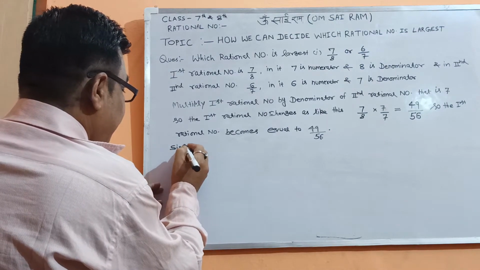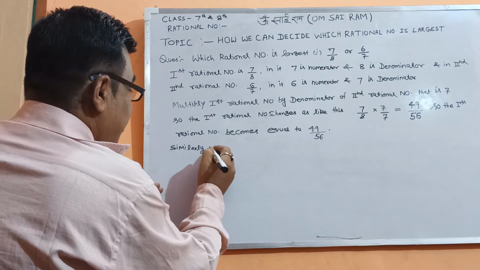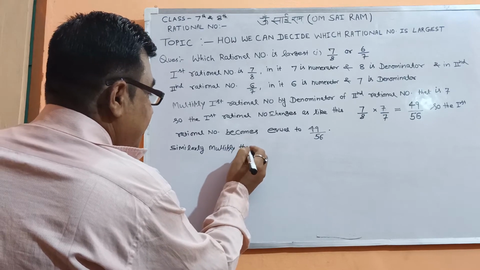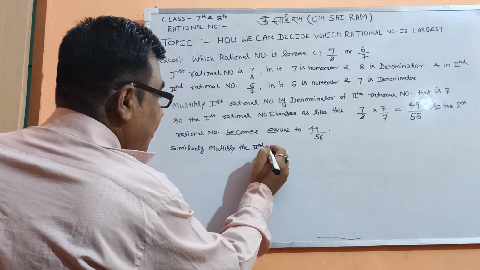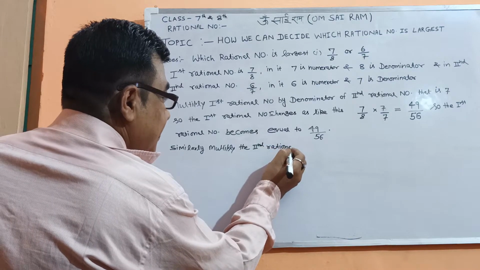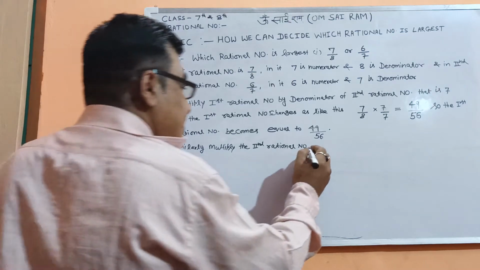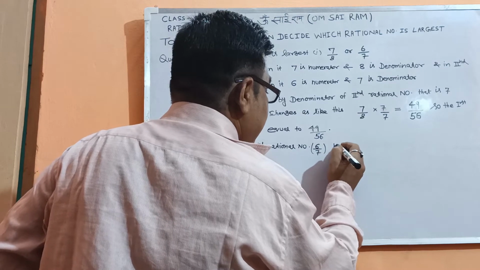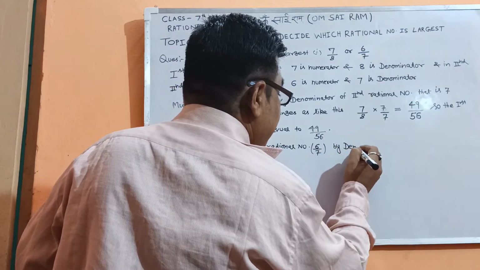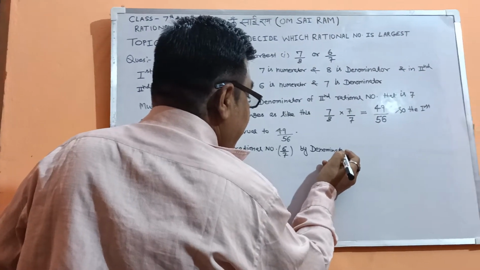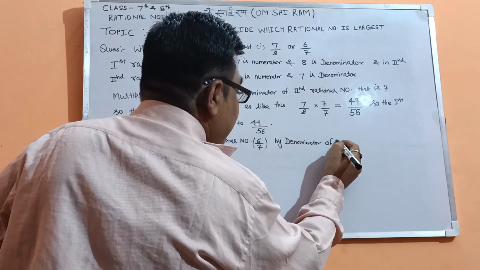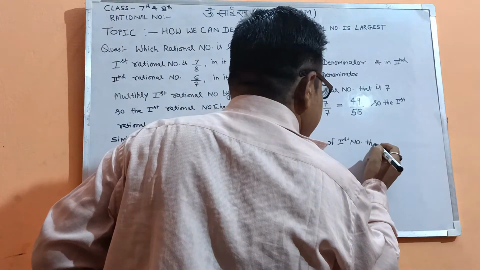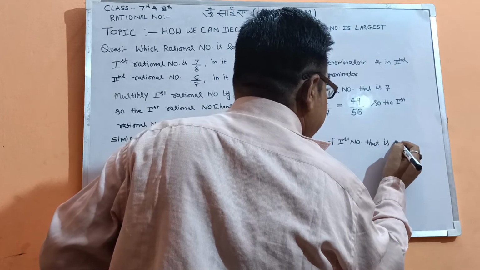Similarly, multiply the second rational number, 6 by 7, by the denominator of the first number, that is 8.